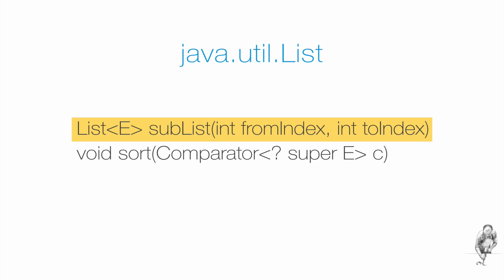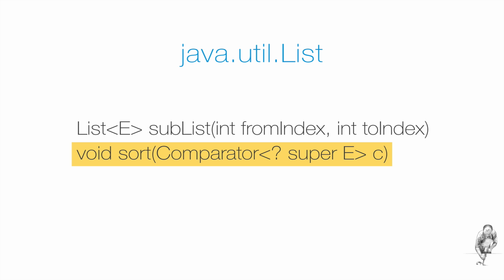List subList returns a view of the list starting with the position you specify as fromIndex and ending one position before the one you specify as toIndex. Last but not least, the sort method sorts the list following the order of the given comparator.